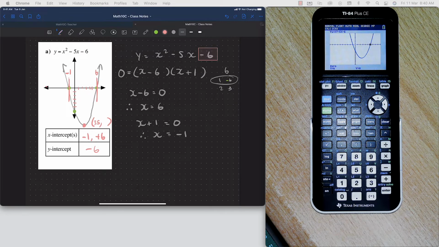So to figure out the y value, I would just replace the x in any one of these equations that I have up here with that 3.5, and I could solve for the y value. So let's try that really quickly. So I get y equals 3.5 squared minus 5 times 3.5 minus 6.